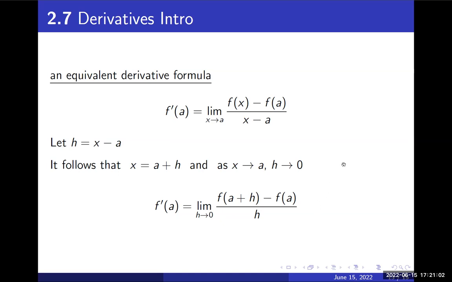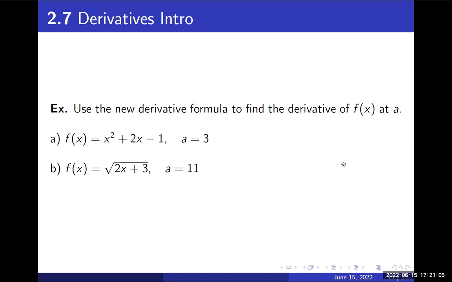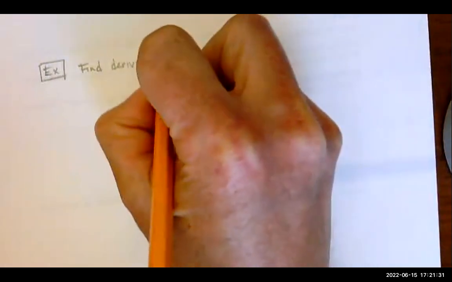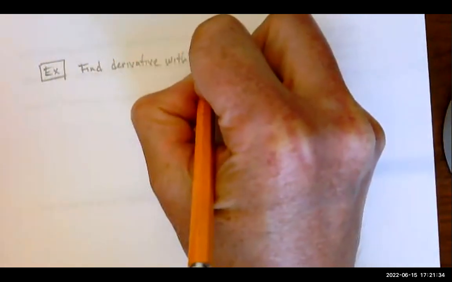Let's try out this new formula on those same examples we had a moment ago: x squared plus 2x minus 1 with a equals 3, and the square root. Find the derivative with our new formula.